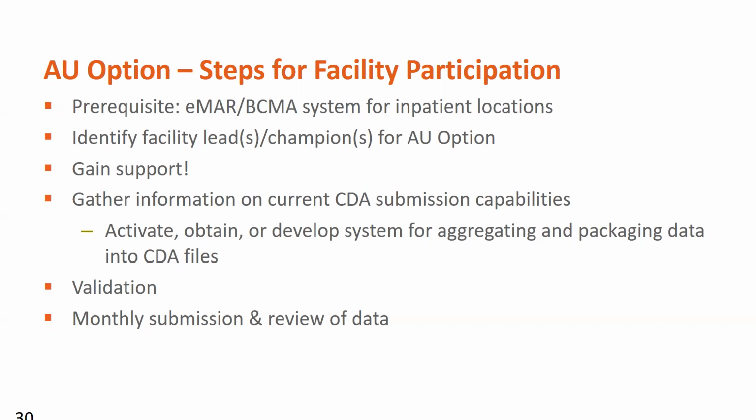Or maybe you have to seek out a new vendor that specializes in sending the AU data. Or you could also be developing an internal system for doing the aggregating and packaging. Once you get all those things up and running, then you would complete a validation, and then finally move into monthly submission and review of those data.